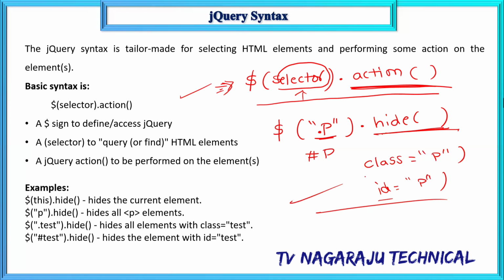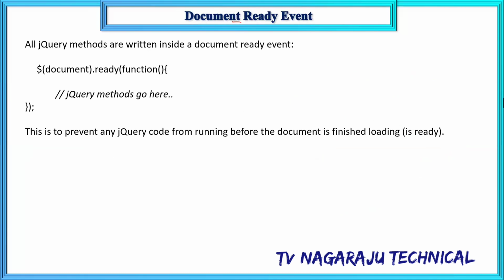That is selector. Now, you understand the basic syntax. Before explaining at least one program, you need to know the most important thing: the document ready event. If you are writing jQuery, the event is executed.